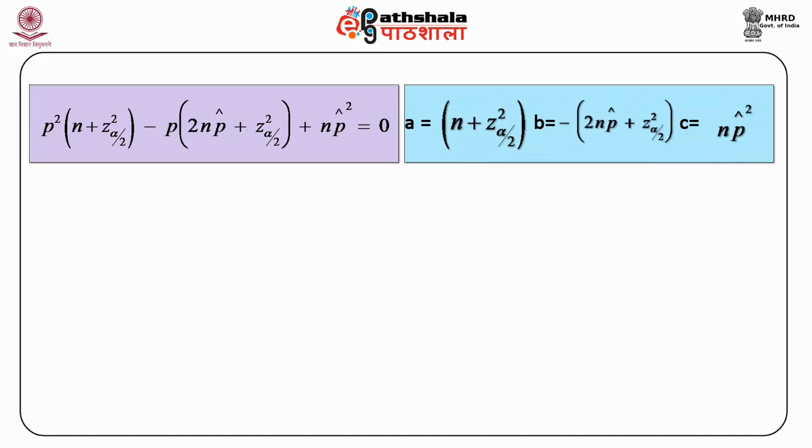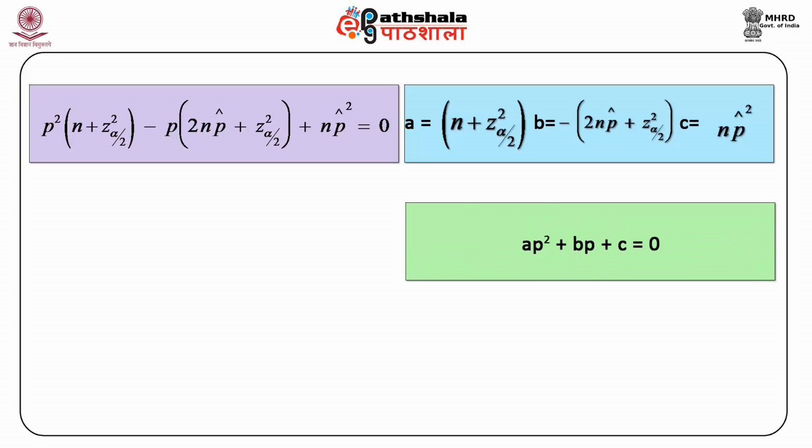Let A equal to (n plus z squared alpha by 2), B equal to minus (2n p hat plus z squared alpha by 2) and C equal to n p hat squared, so that we have the quadratic equation A p squared plus B p plus C equal to 0.